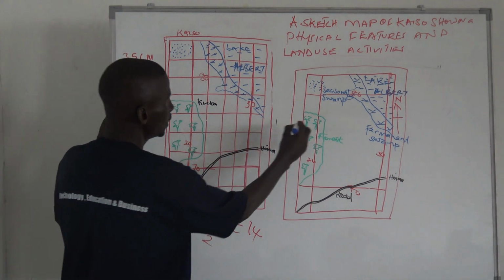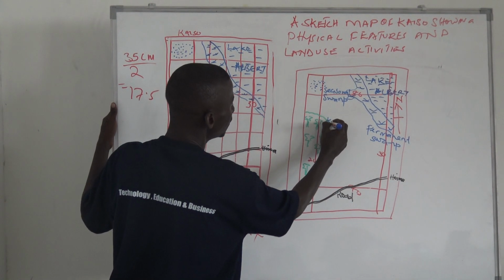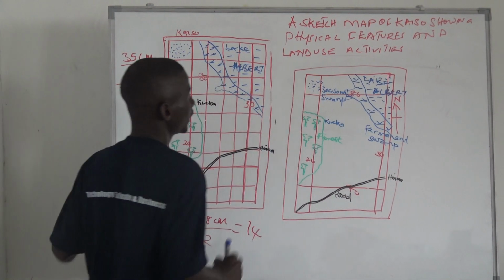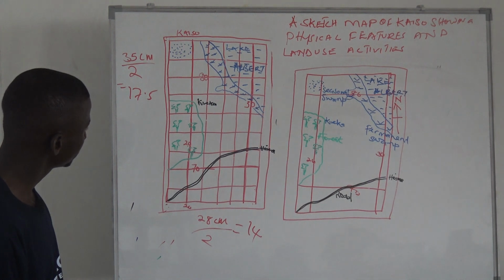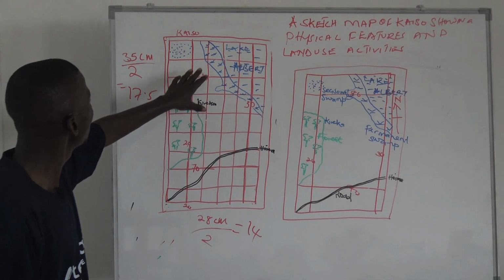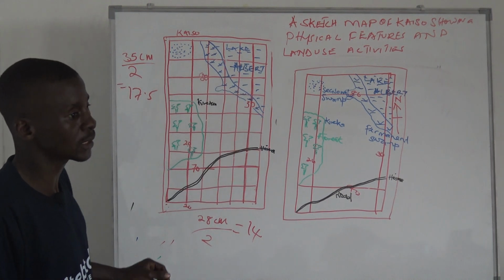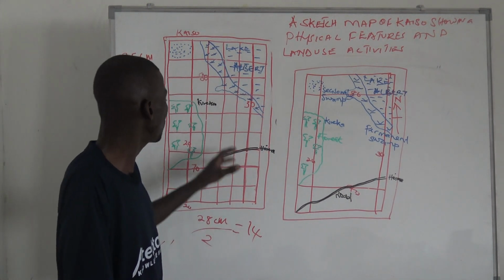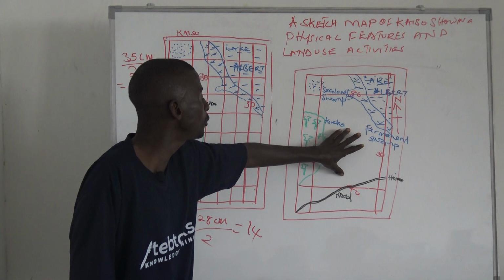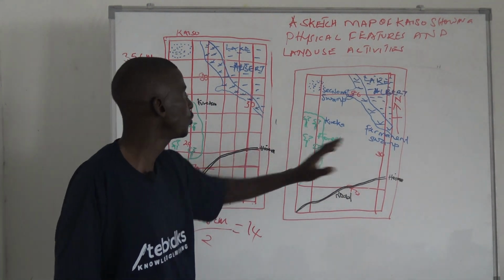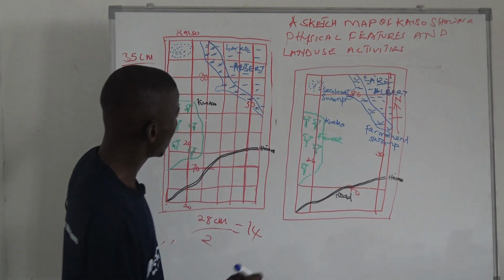So this forest here is in a place called Kireka. So it means this very big map extract is the one that has yielded this small map that is fitting onto our paper.